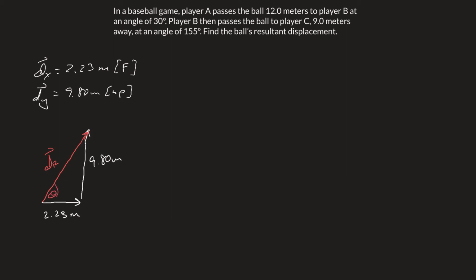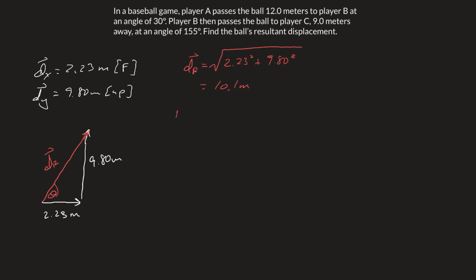So remember that dr, our resultant, can be solved using the Pythagorean theorem. 2.23 squared plus 9.80 squared. And after we take the square root of all that, we get a hypotenuse of 10.1 meters.